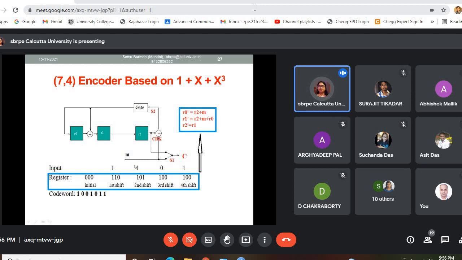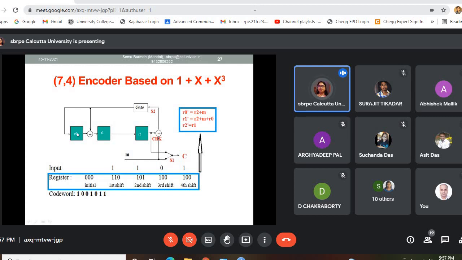Now the first one goes. Initially all are 0. So 1 is output. So the code word 1 is coming out. Now in the first shift, what will be the shift register content? 1 is coming here, this gate is closed, so R0 contains 1.